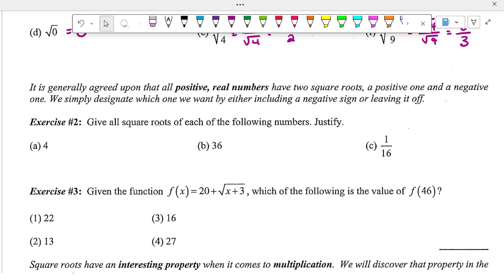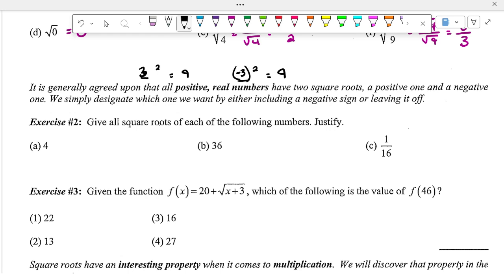In other words, if I have some number squared that's going to equal 9, and I have another number squared that's going to equal 9, what are those two numbers? What's one number that if you square it, it equals 9? 3. What's the other number? -3. Good.